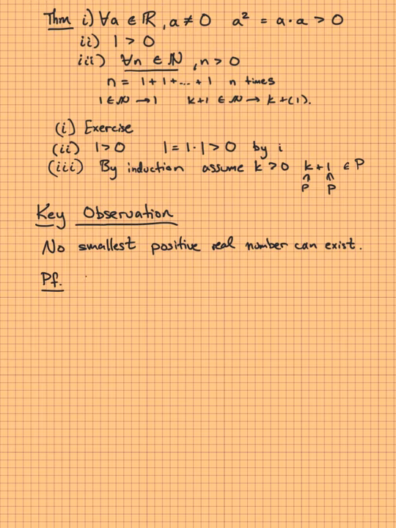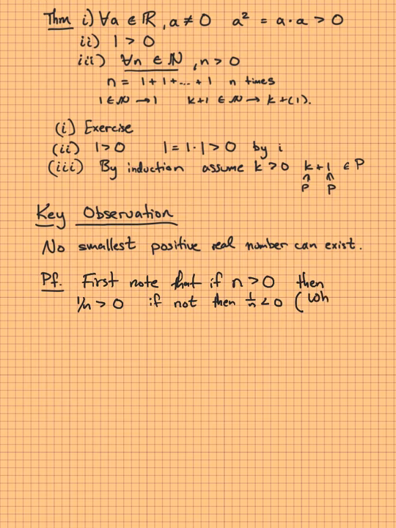So first note that if n, or any real number, is greater than 0, then 1 over n also has to be greater than 0. Because if not, well then it has to be less than 0.